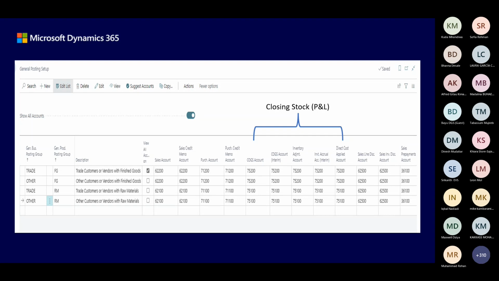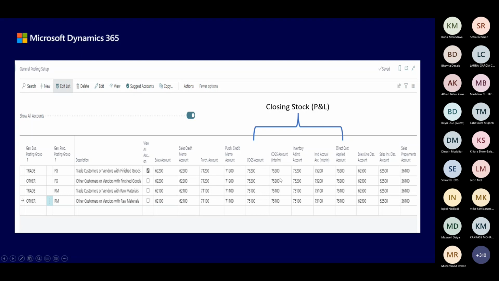So if you're using any kind of manual journals involving stock, not through sales or purchases, such as item journals, physical inventory journals, all those sorts of inventory journals, then the double entry will be the inventory account from the inventory posting setup, and this account here, the inventory adjustment account. Of course, you can have different accounts if you want.